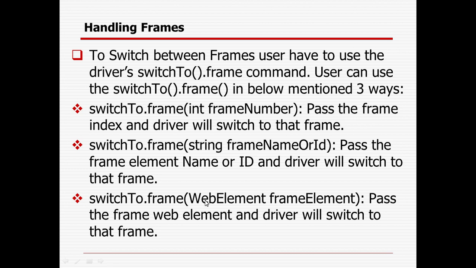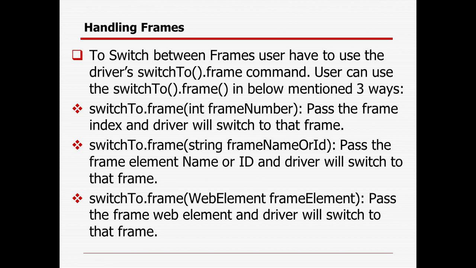Otherwise, if we do not know the id or name or frame number, we can use the frame element: pass the frame web element, and the driver will switch to that frame. So these are the 3 options available to handle the frame using switchTo dot frame: either frame number, or name or id, or frame element. Okay, so first we need to switch to that frame, then identify that particular element within the frame, then perform the operations.